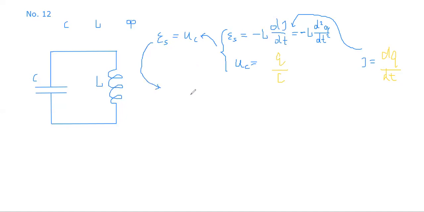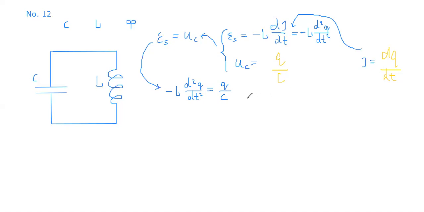We have minus L d2q divided by dt to the power of 2, and this is equal to q divided by C.